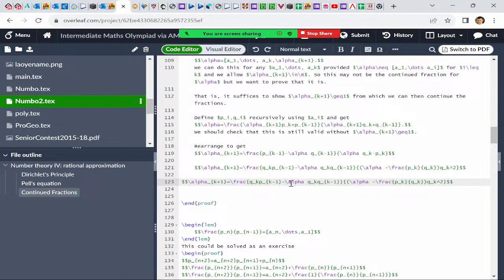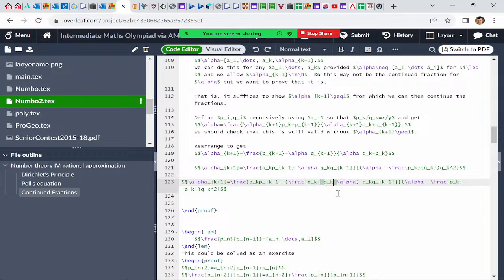So it's that, minus alpha. Wait, it's already minus alpha.